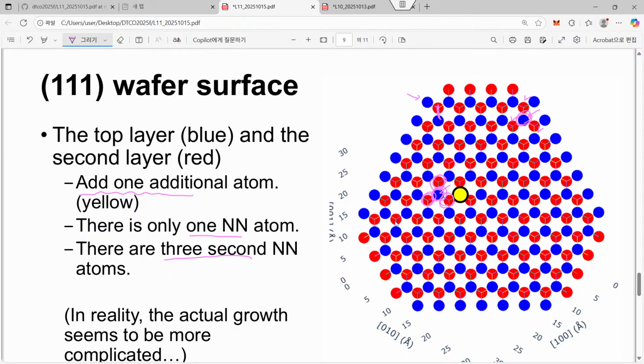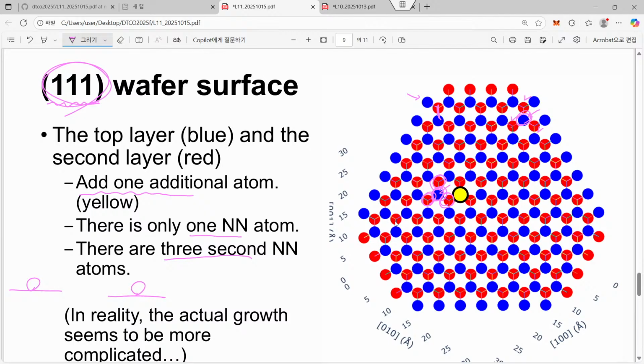Why is it so important? Because it means that if we add one atom on top of a perfect 100 surface and a 111 surface, the one placed on the 111 surface has a smaller number of neighbors once it is attached.